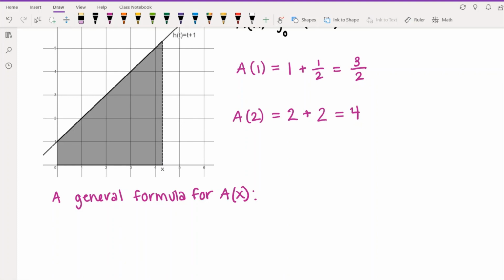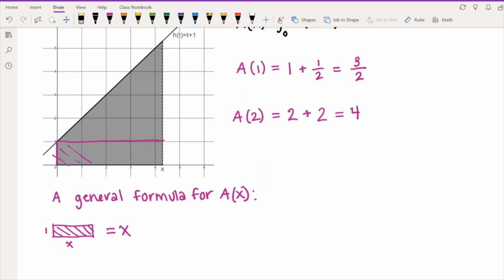Let's not worry about what the actual number is, but let's think about how we could, for any x, calculate the area of, let's do the rectangle and then the triangle separately. So what's the area of this rectangle? Well, that's going to be x times 1, right? So the rectangle part of the area is going to be a base of x and a height of 1, which gives you an area of x.